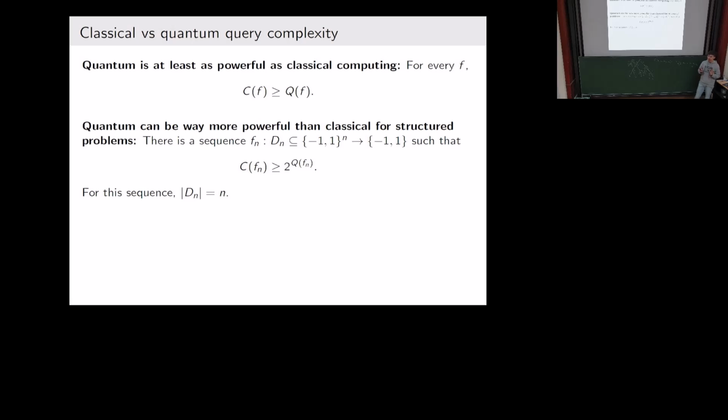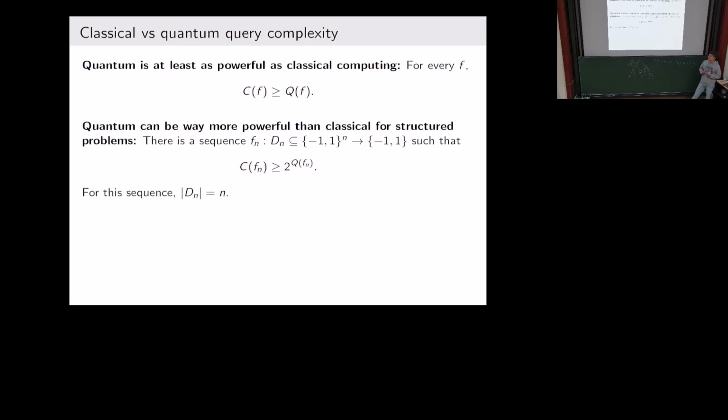Usually, what you have heard, even if you don't do quantum computing, is that classical algorithms can be exponentially outperformed by quantum algorithms. What we usually mean is that in some kind of query model, we have an exponential separation like this. This is what we mean by a quantum speedup.